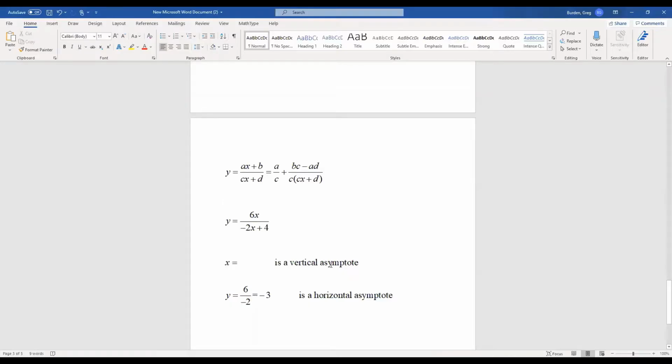And that's because the vertical asymptote represents the place where the denominator becomes 0, and of course dividing by 0 is impossible. Now there are cases where the denominator becomes 0 and you don't get a vertical asymptote, but if you have a vertical asymptote, that's because the denominator is 0 at that particular point. Well, if you look at -2x plus 4 equals 0, that's going to happen if x equals 2.